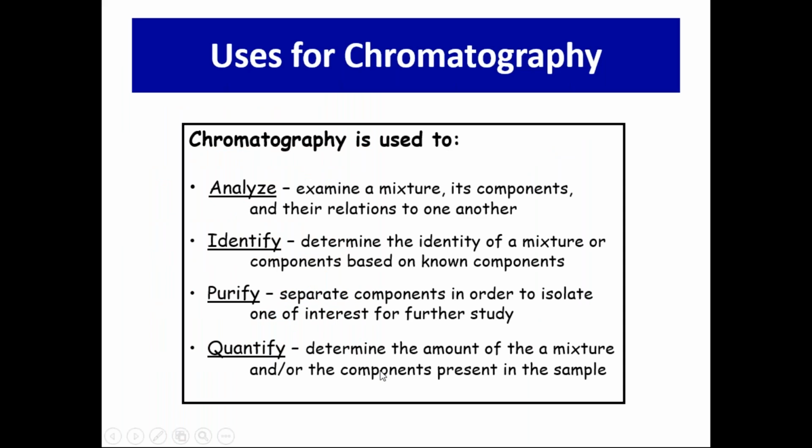The uses of chromatography: it can be used to analyze, that is, to examine a mixture for its components, as was shown to you earlier. You can also use it to identify different components. For example, you can identify caffeine in coffee, catechins in tea, theanine in green tea, and chlorogenic acid in sunflower seeds.